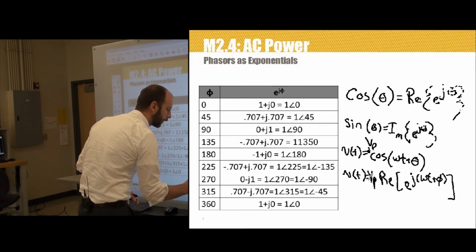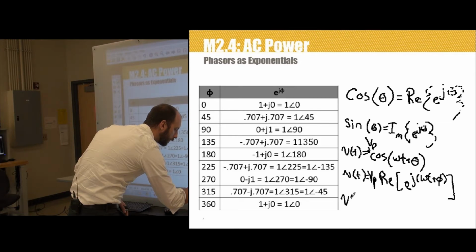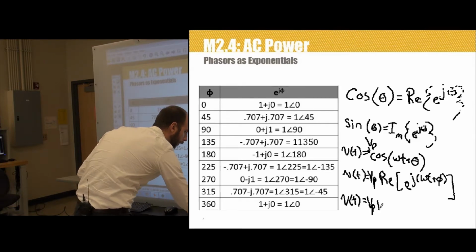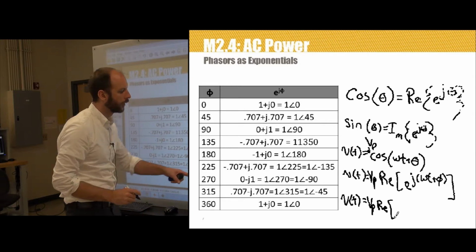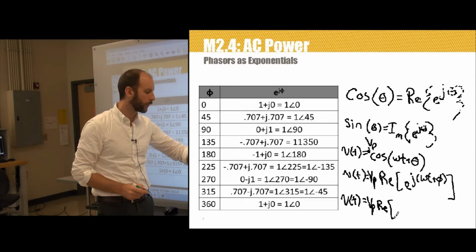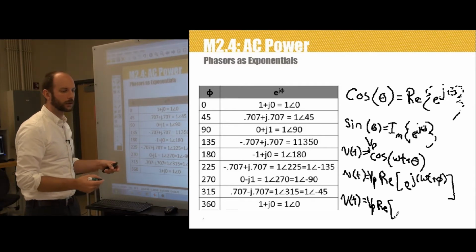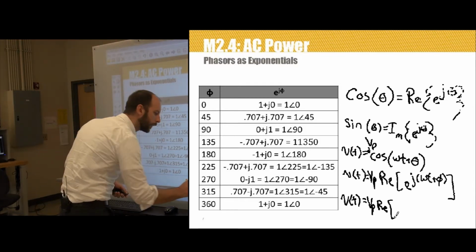I'm going to just say v of t, the voltage as a function of time, is equal to the peak voltage times the real part of, and this is just math separation. Since I have a plus sign in the exponent right here, I can separate out those two quantities, right? So I can say e to the j omega t plus e to the j phi.